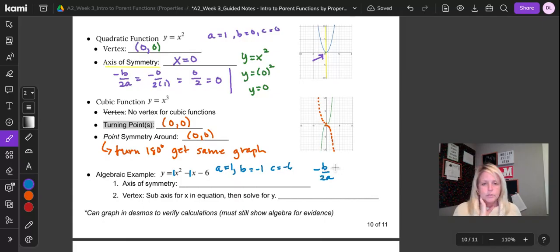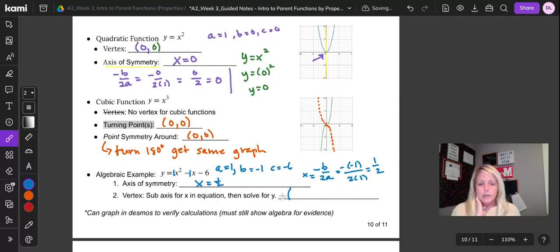So negative b, so this is x equals, negative of a -1, over 2 times a. So this gives me 1 over 2. So here, my axis of symmetry is going to be x equals 1/2, which tells me for my vertex that 1/2 is my x value.